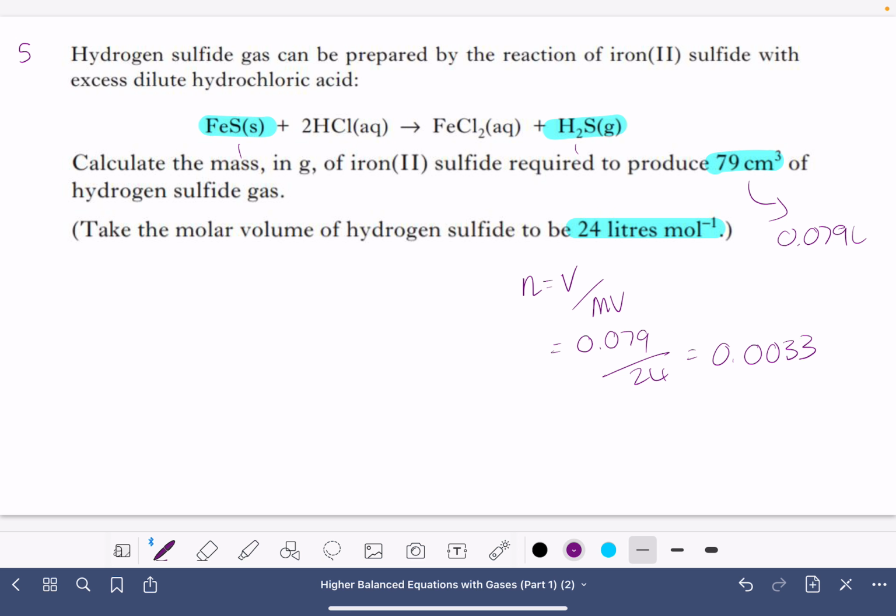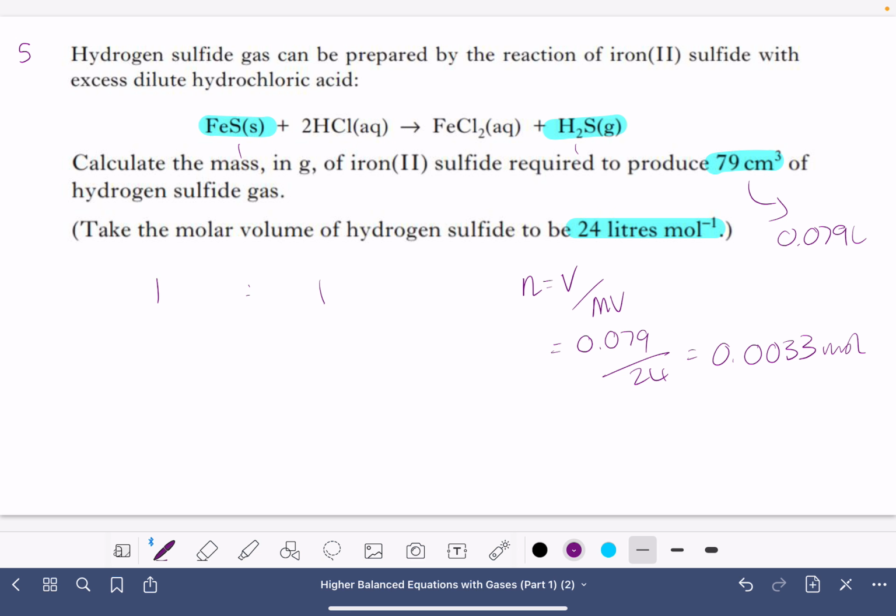I'm just going to double check that on my calculator. Good job I checked. 0.079, that's my volume, divided by 24, and it's 0.0033. Yes, super. So that's the number of moles of gas that I get produced.